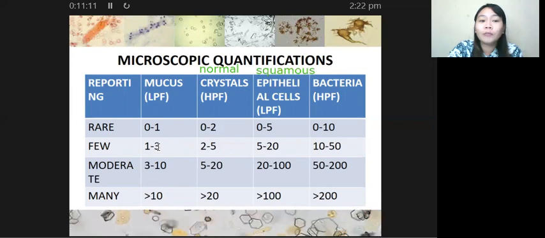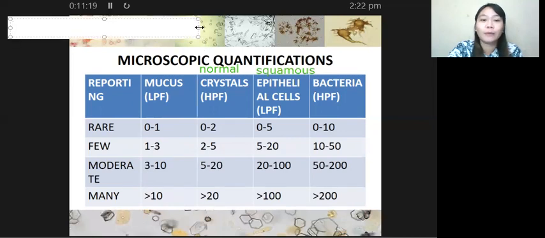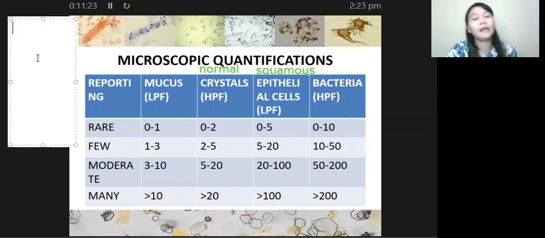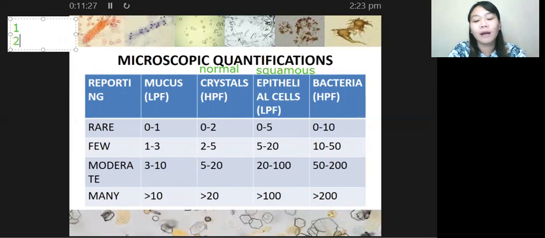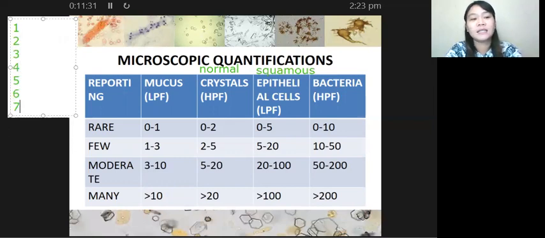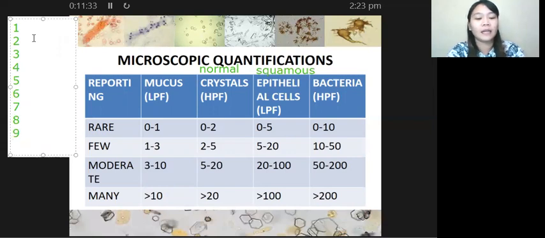So how do we use it? Say, for example, we are on mucus threads. Sir Ruben said to place fields: 1, 2, 3, 4, 5, 6, 7, 8, 9, and then 10. Why 10, ma'am?